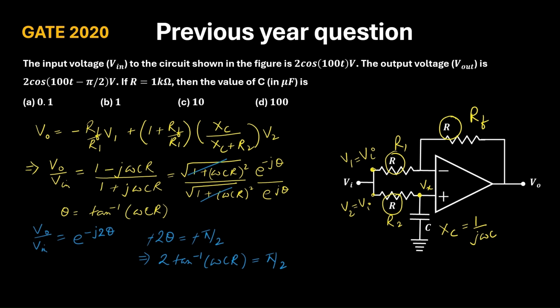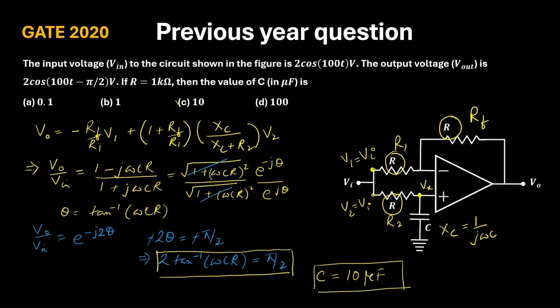Now, R is already given as 1 kilo ohm. C we have to find out. Omega is already given in the expression of the input as well as in the output. You can use this equation to find out the value of C. So you can pause the video, do the calculation, and you'll get C is equal to 10 microfarad. So option C is the correct answer.